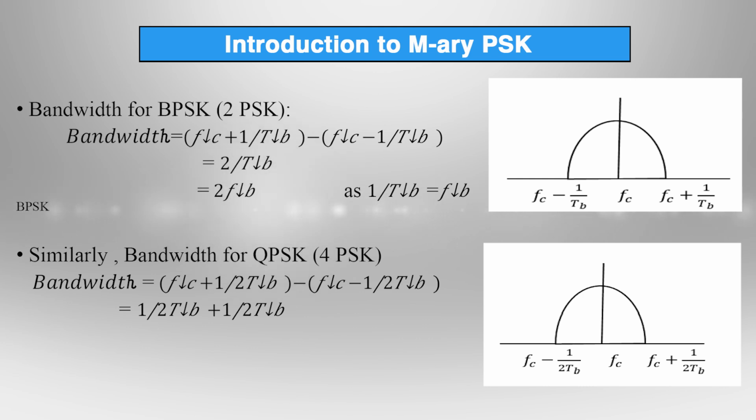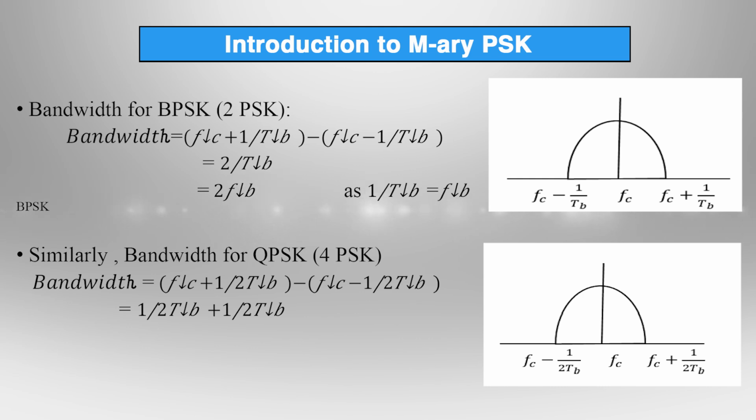Therefore, bandwidth is equal to (Fc plus 1/Tb) minus (Fc minus 1/Tb), or after simplification, bandwidth is equal to 2/Tb, which can also be written as twice Fb, as we know 1/Tb is equal to Fb. Similarly, we can find the bandwidth of QPSK. These diagrams represent the spectrum of QPSK.